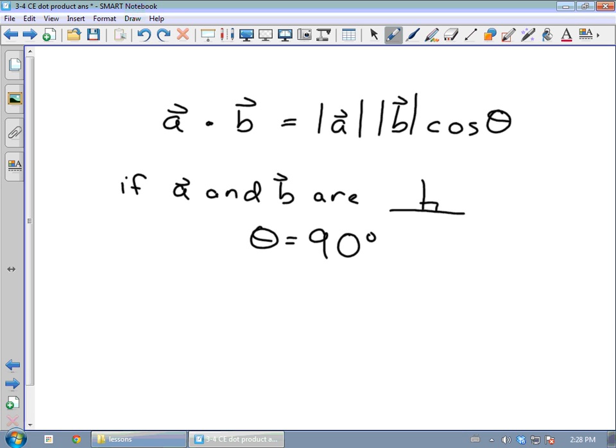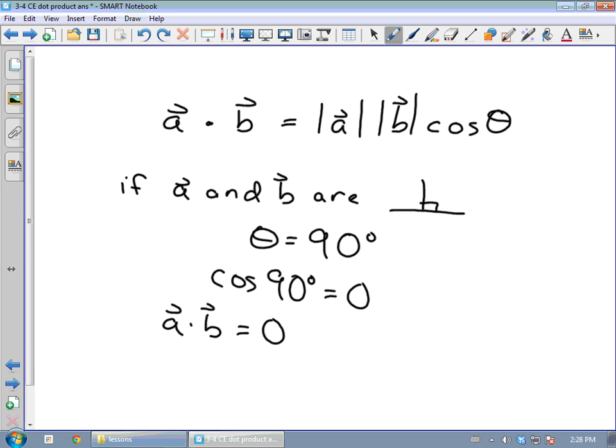So when we work out the dot product, the cosine of 90 degrees is, of course, 0. So if two vectors are perpendicular to each other, their dot product will be 0. That's an easy way of checking to see if two vectors are perpendicular. You do the dot product and see if it works out to 0.